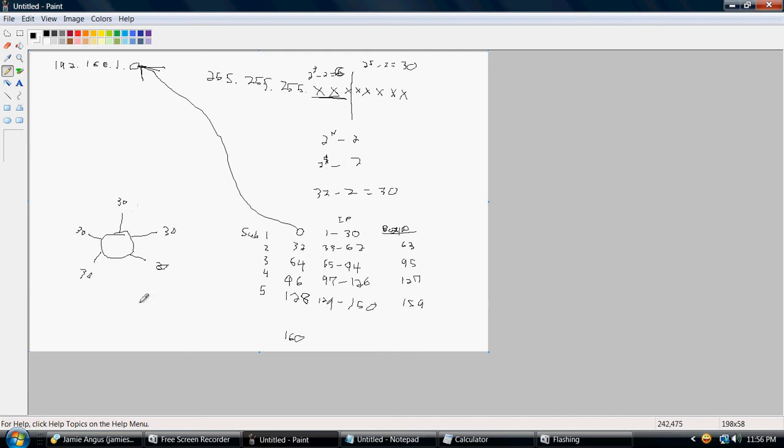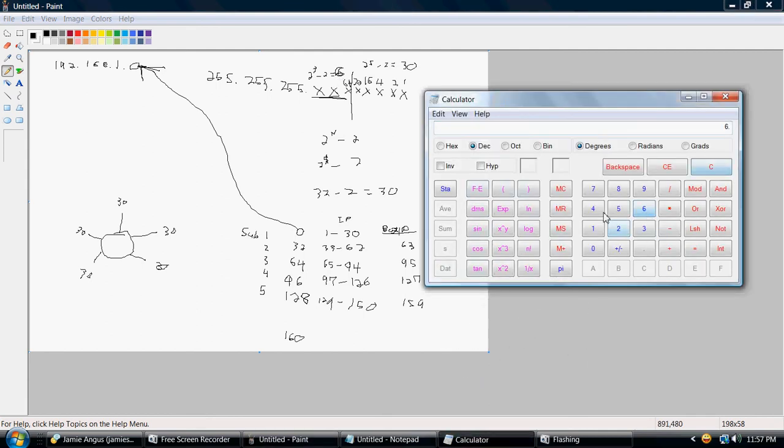Okay, so this would be 1, 2, 4. 4 to the second power is 16. 16 to the second power is 32. 32 to the second power is 64. 64 to the second power is, let's see, 64 times 2. 120. I did something wrong here.